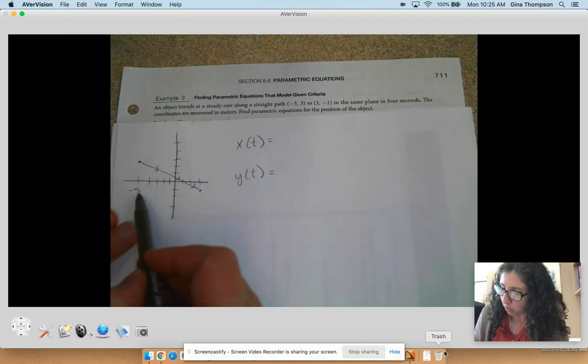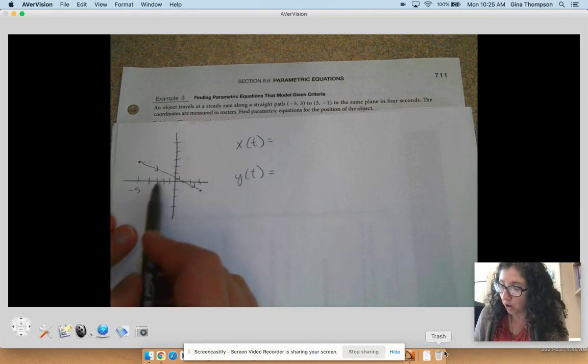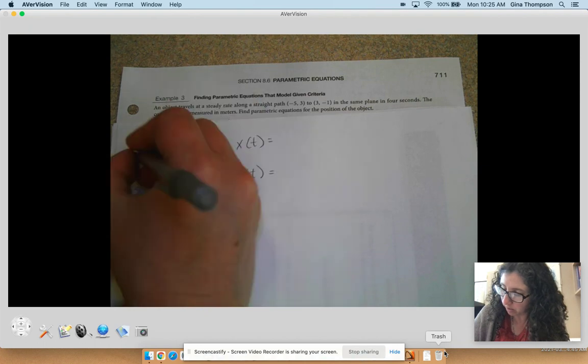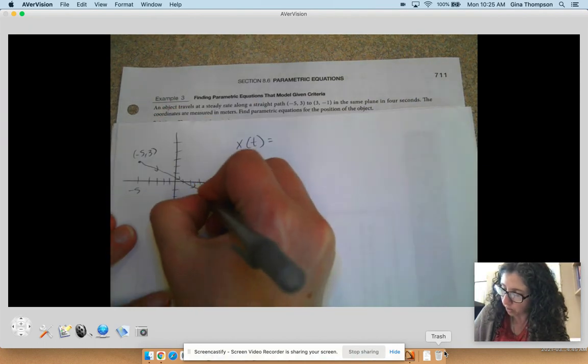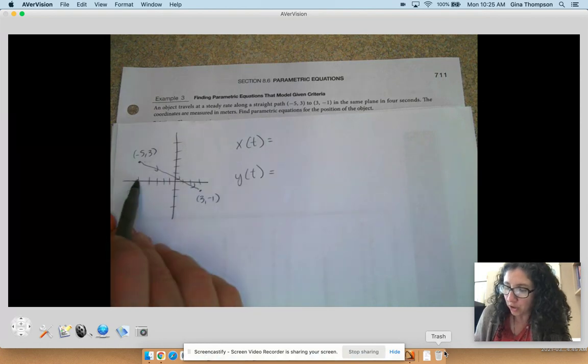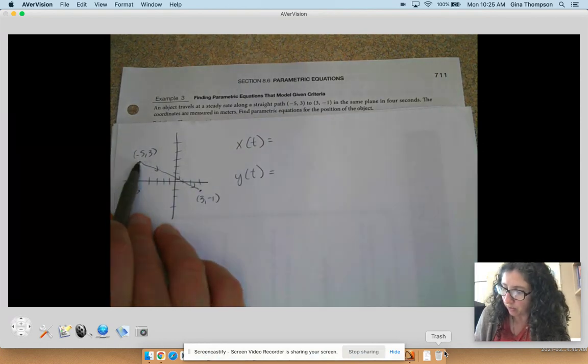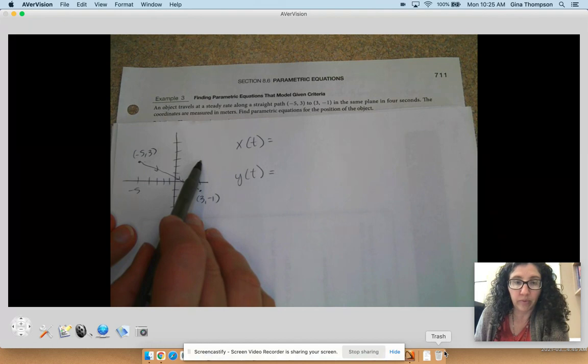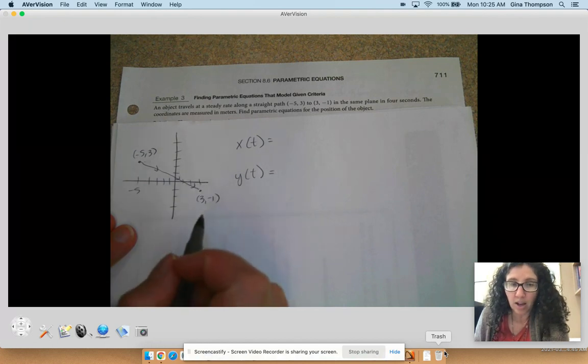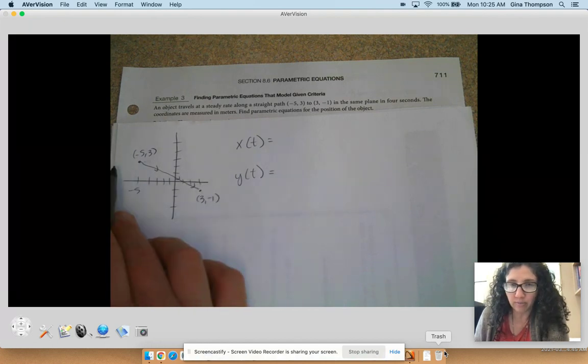Well, what's happening? We're going from -5 in the x direction. Let's think about it. We're starting at -5 and we're ending at 3. So in the x direction, we're moving from -5 over to 3 in 4 seconds, and we're starting at -5.